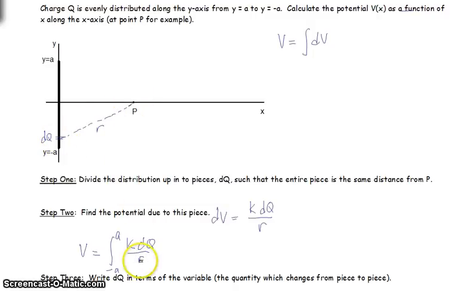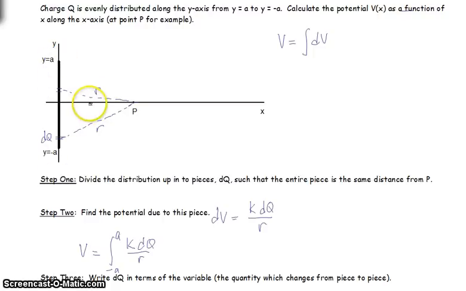Now r changes as I move from slice to slice. A slice down here has a different radius than, for example, this slice up here. There's a different r there. So r changes as I move from slice to slice, and so I need to write that in terms of the variable y, which changes from slice to slice.